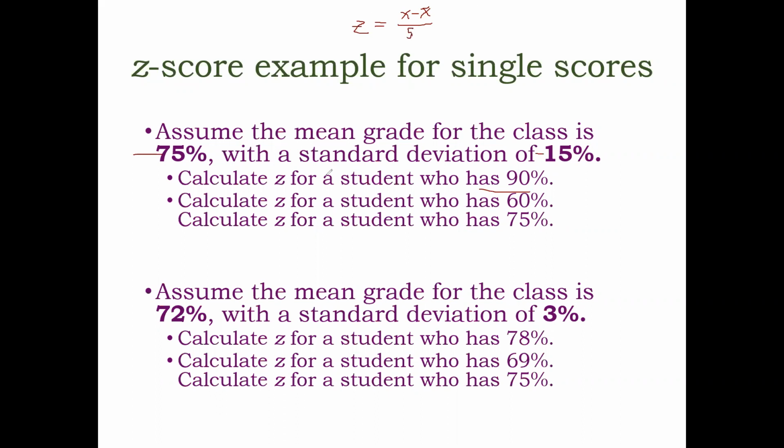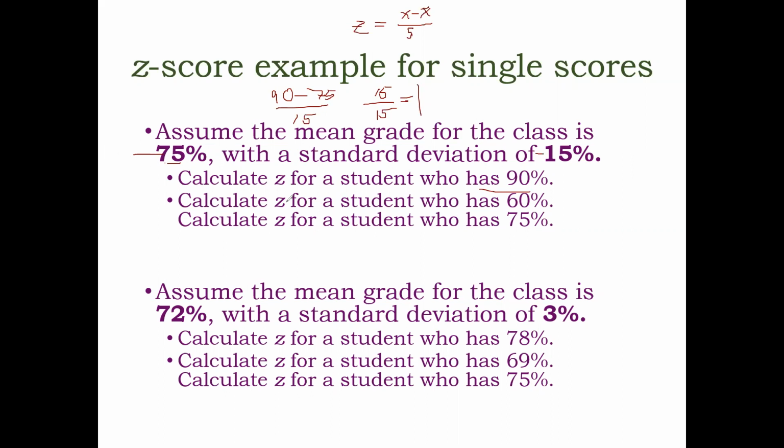So z for a student with 90 is 90 minus the mean, which is 75, divided by 15. So 90 minus 75 is 15, divided by 15 is 1. Okay, it's that easy. It's really pretty easy.